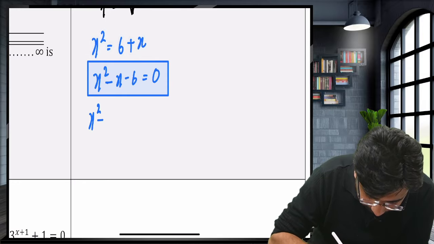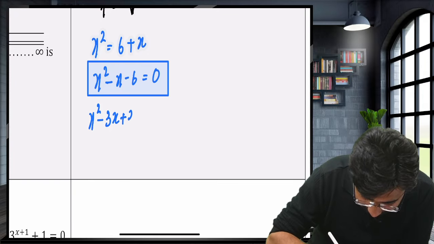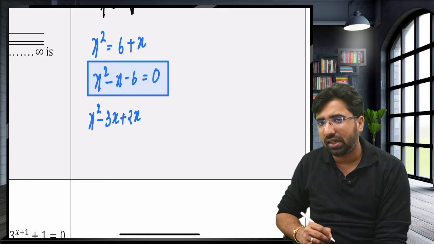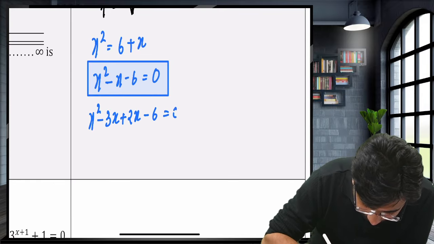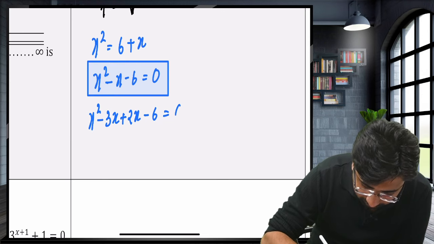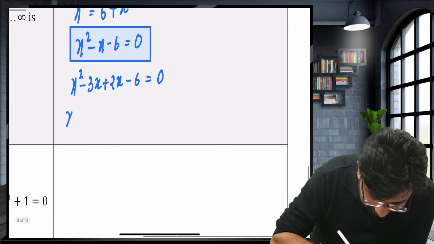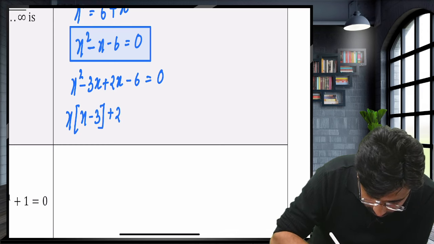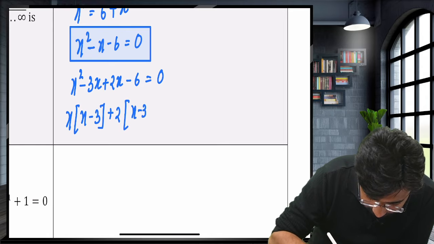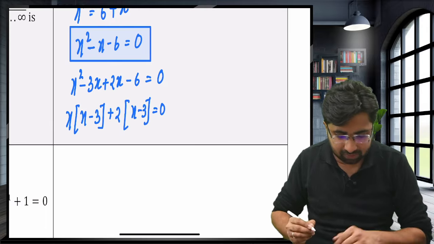X square minus 3x plus 2x, you will get minus x. Minus 3 into 2, minus 6 also. Now everybody, if you take the common factor, x minus 3 times x plus 2 is equal to 0.